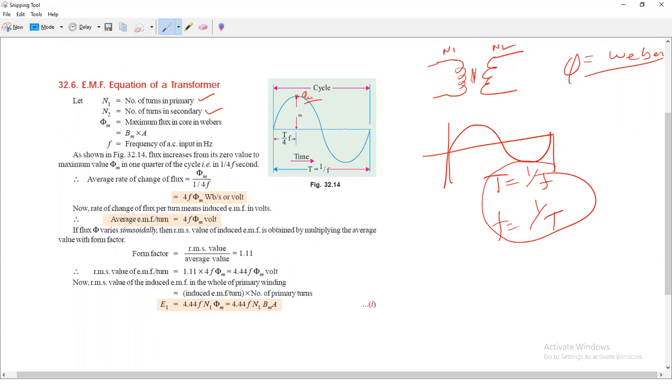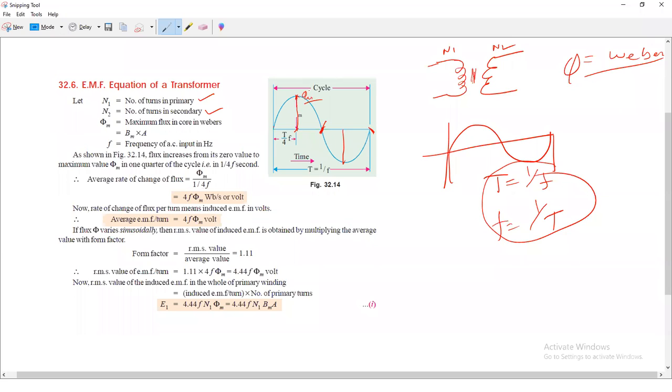This is the full time, so this must be half time and this must be quarter time. This is the quarter, this is the half, this is the 3/4, and this is the full. Okay, all are clear?